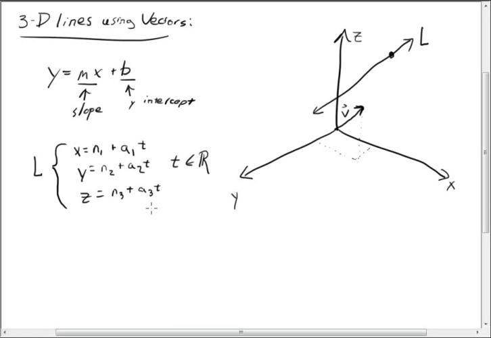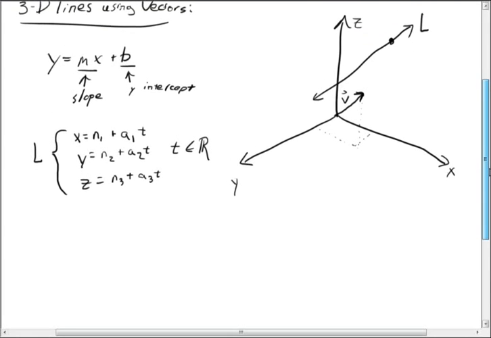So t is an element of the reals. And what this would do is when you plug in t in each of these equations, it gives you a point in R3 space. So we can use this to find equations of 3-dimensional lines.